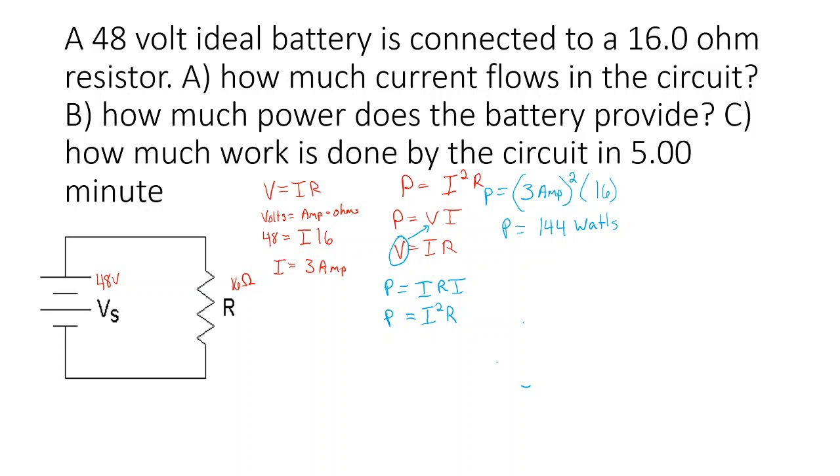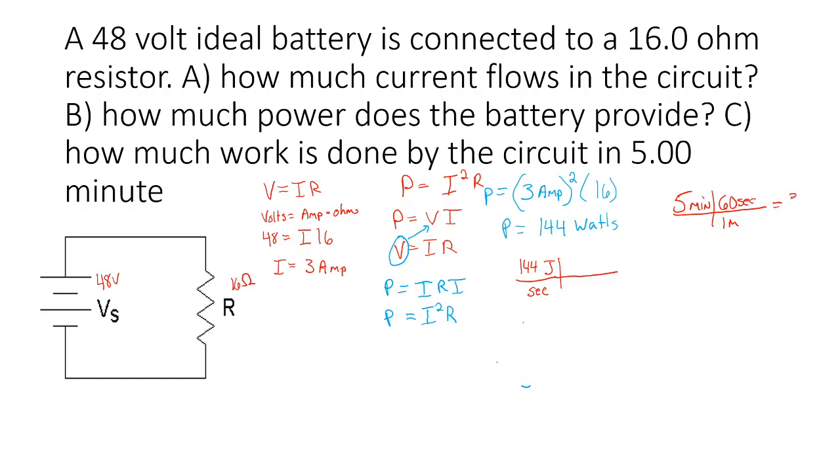Well, a watt is a joule per second. So the next part of the question says, how much work is done on the battery in 5 minutes? If we have 144 joules per second, and we have 5 minutes, if we were to convert that, in 1 minute there's 60 seconds.